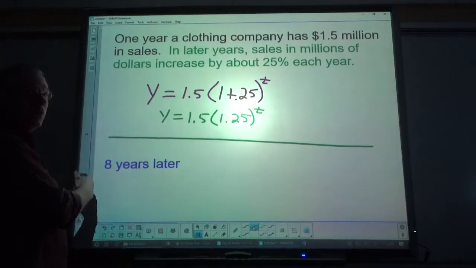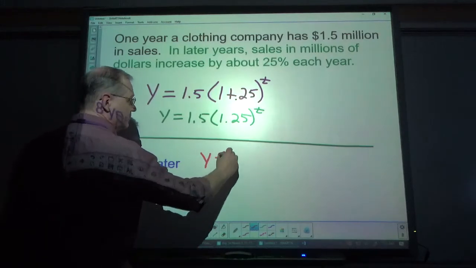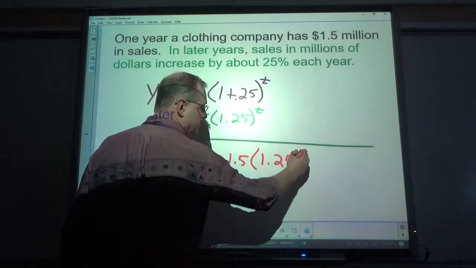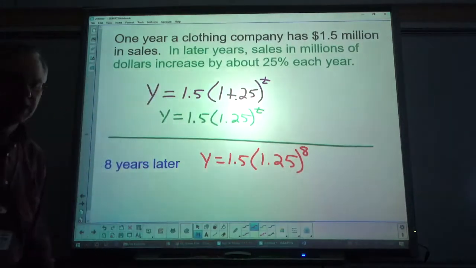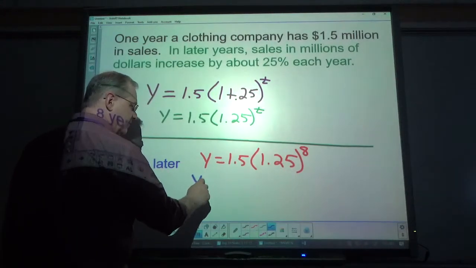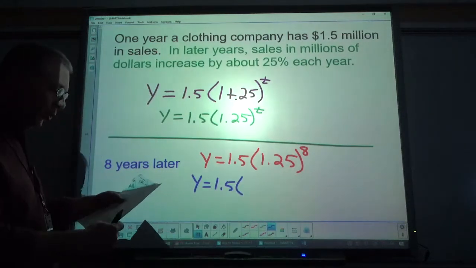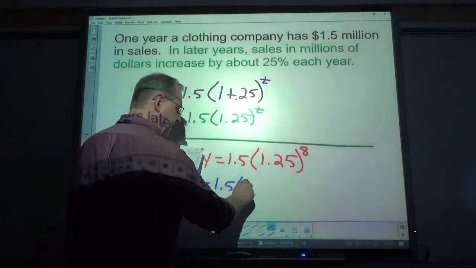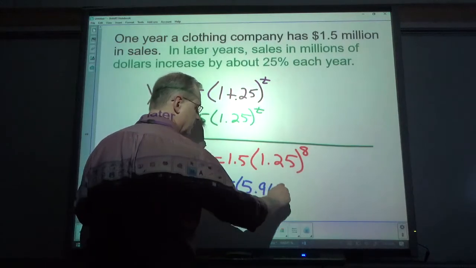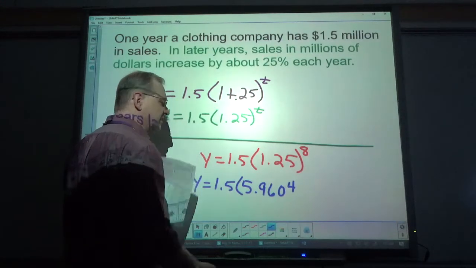Eight years later, what would their sales be? Well, y equals 1.5 times 1.25 to the 8th power. Now, if I actually use my calculator, I'm going to get a very long decimal, and I'm going to use the whole decimal, 5.9604 64478.